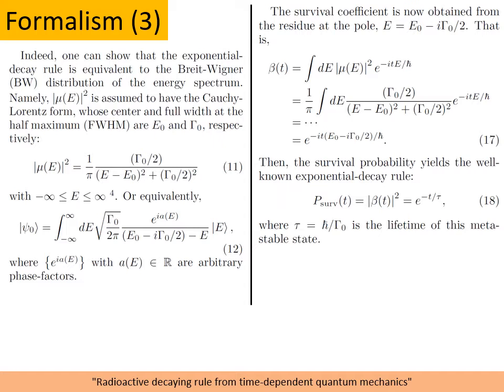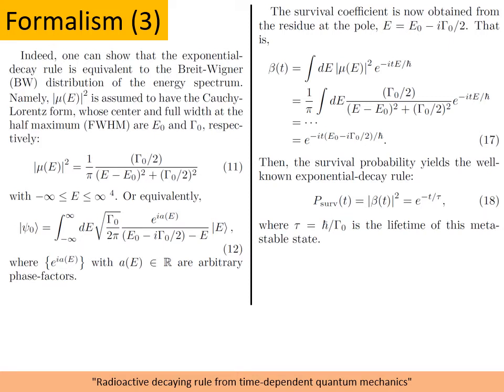Or this is equivalent to saying that the initial state ψ0 can be expanded as equation 12 here, and here the exponential of iA(E) with the real parameters A(E) are arbitrary phase factors.